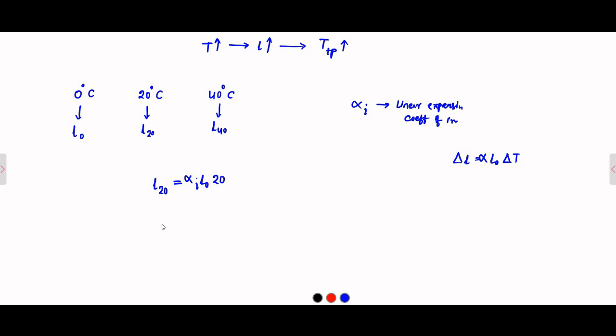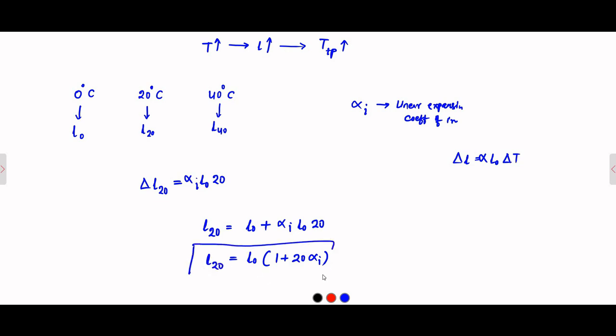This increase in length is delta L20. Taking L0 common, L20 is equal to L0 into 1 plus 20 alpha I.